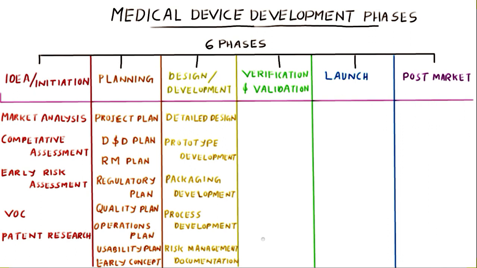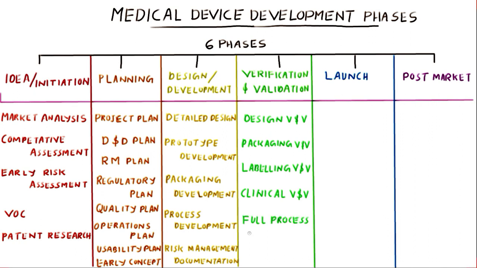The activities involved in the verification and validation phase are design verification and validation, packaging verification and validation, labeling verification and validation, clinical validation, and also full process qualification for the manufacturing process of the product.